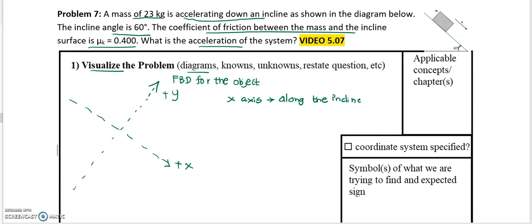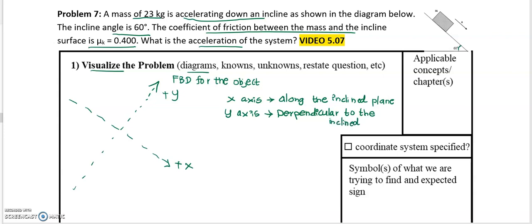Whenever you do a question in chapters 4, 5, and 6, make sure to start the problem by drawing a free body diagram. In the free body diagram, you should show all the forces acting on the object of interest. In this case, the object of interest is the mass of 23 kilograms.